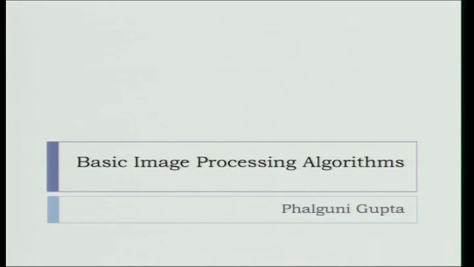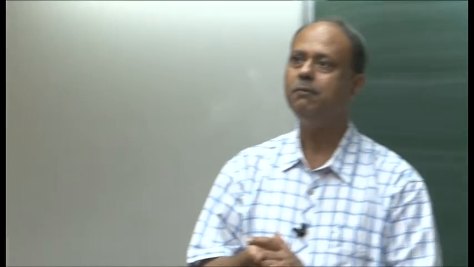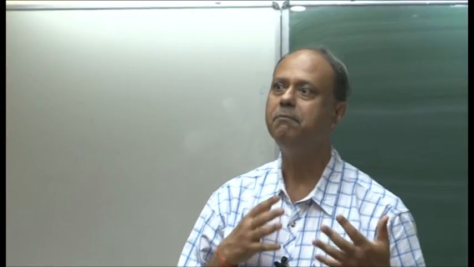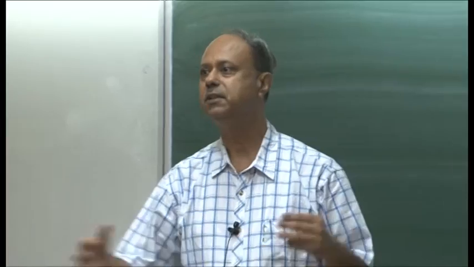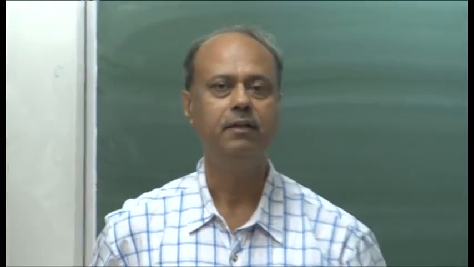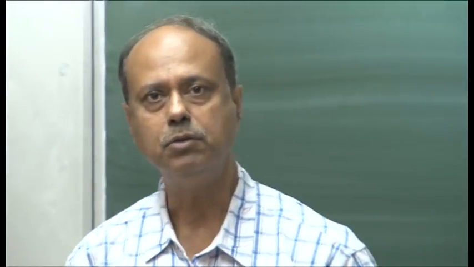So, in the last class I told you what the aim of this course is, what we want to do throughout this period, and also that we would like to discuss different types of biometric systems, right.